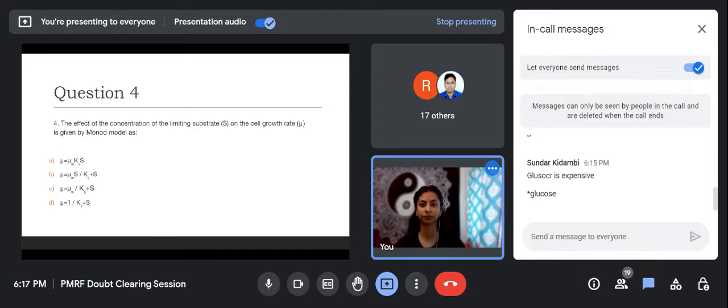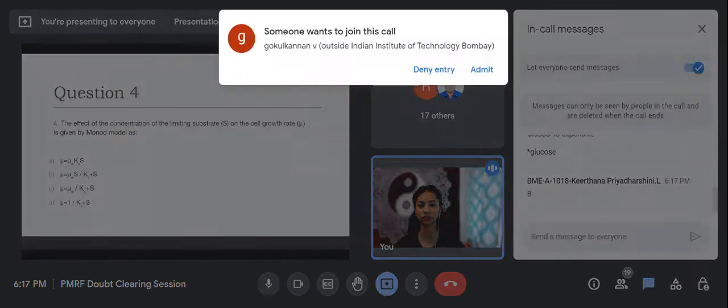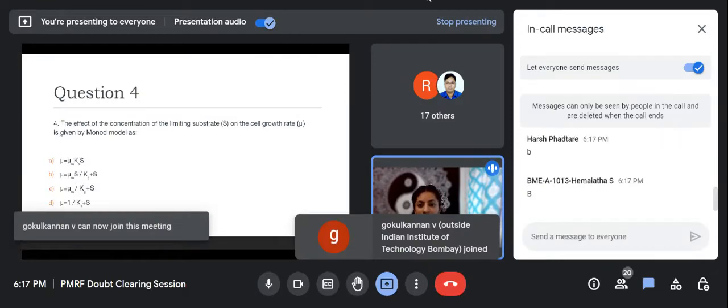Question number 4: the effect of concentration of the limiting substrate on the cell growth rate is given by the Monod model as, and one of these four options will be the correct answer. In this case, the limiting substrate is the substrate due to which the reaction may stop.